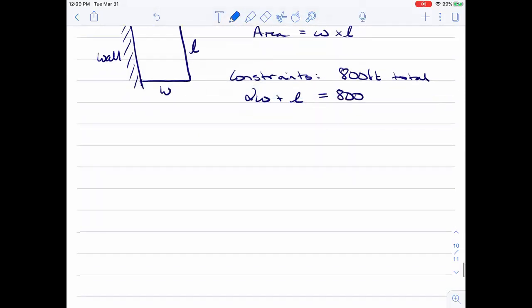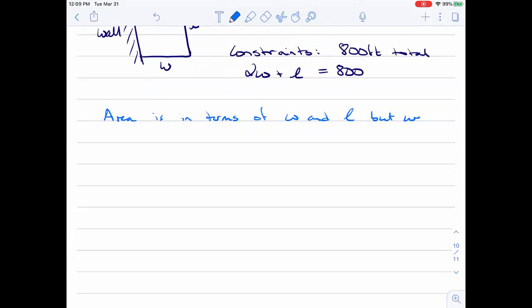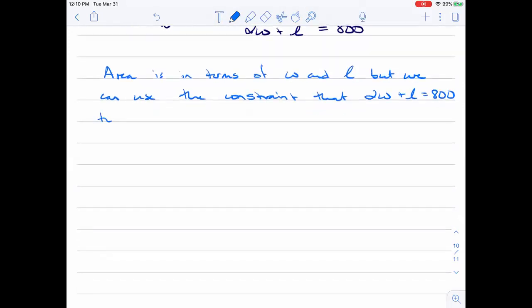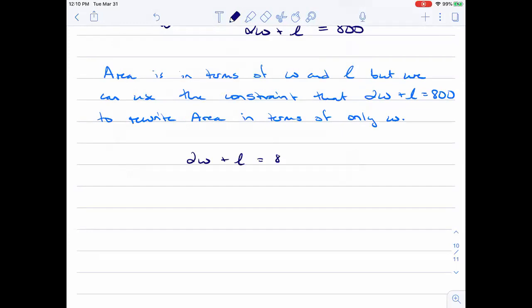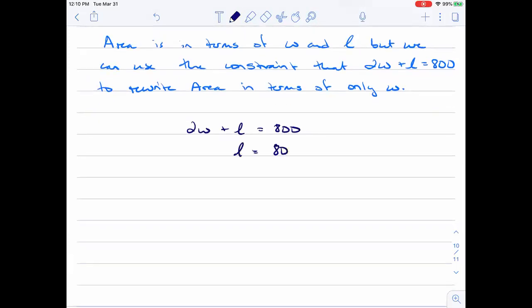So area is in terms of W and L, but we can use the constraint that 2W plus L has to equal 800 to rewrite area in terms of only W. Because 2W plus L has to equal 800, L must be 800 minus 2W.